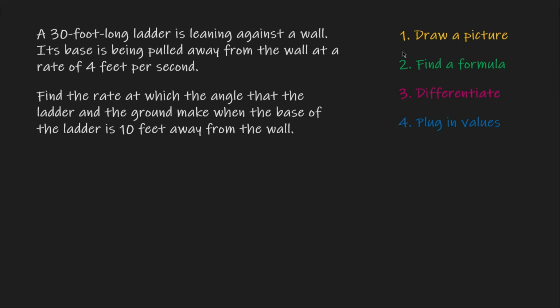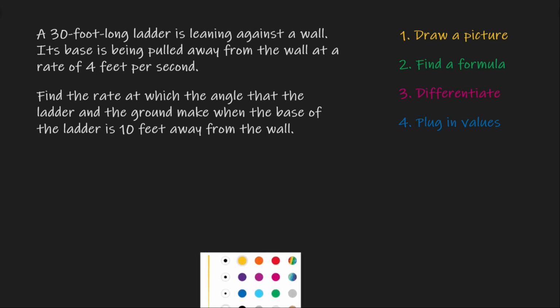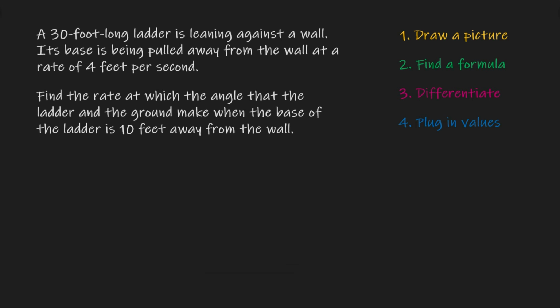So let's apply our first step and draw a picture. So this is going to look very similar to what we had earlier. We have a wall, a ground, and a ladder that's leaning against the wall. So we know that the ladder is going to be 30 feet long. So let's label that there.